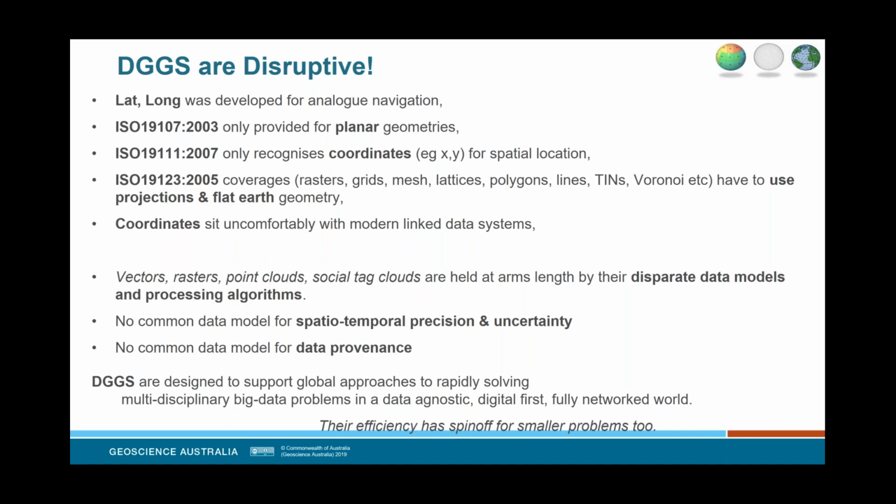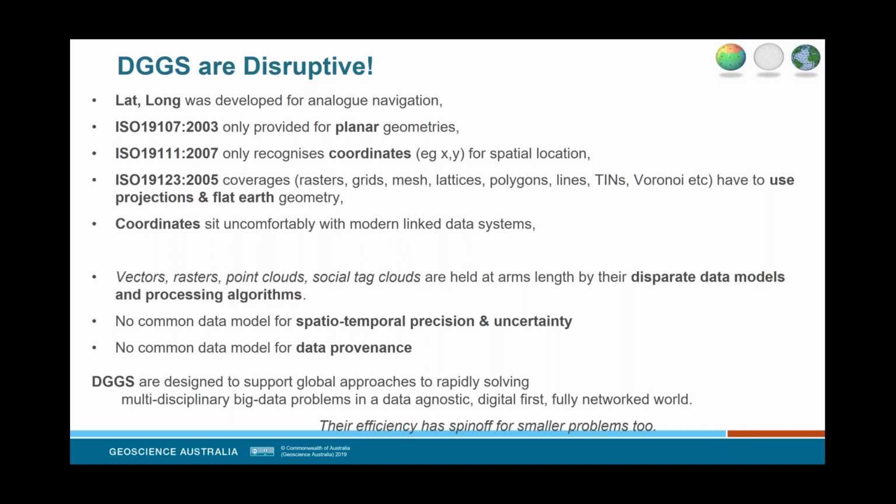When we look at the last 20, 30 years of the computerized geospatial world, a lot of the standards that underpin it are based on planar geometries, because we've computerized our concept of a map, which has been planar.